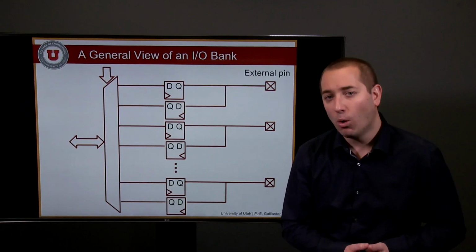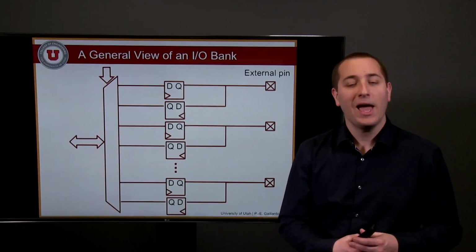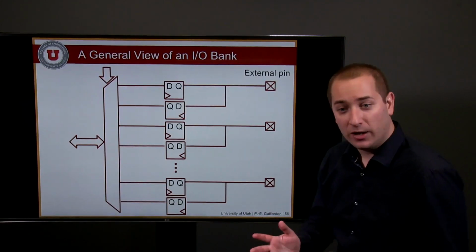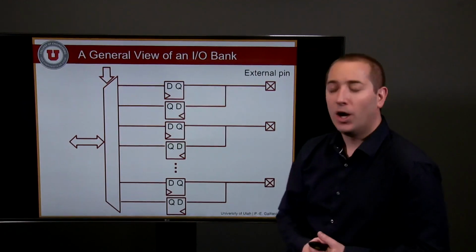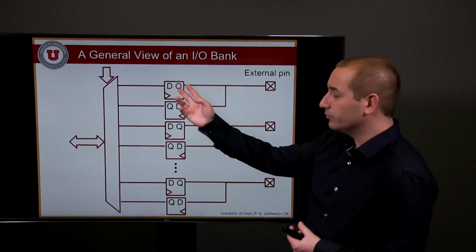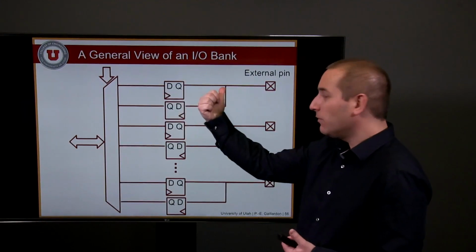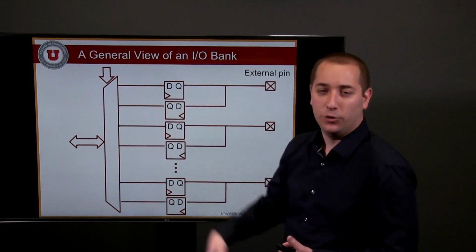To give you a more general overview, here's typically what an input-output bank will look like. You do have some external pins, so that's the outside of your chip, and these pins are usually controlled with flip-flops, registers that will be used to either write a value outside of your chip or latch a value inside of your chip.